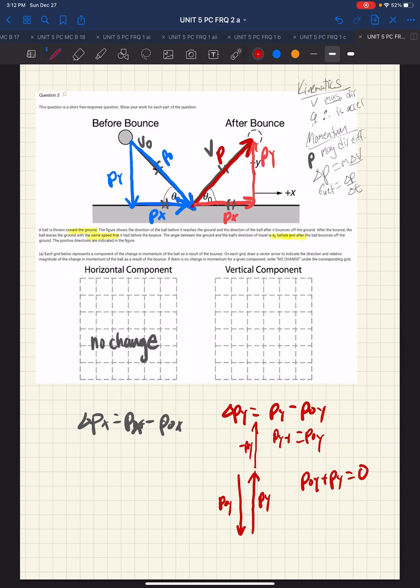So the simplest solution for us to write this would be delta Py. But we can see that what it's based on is a Py plus a negative P0y, leading to that delta Py.